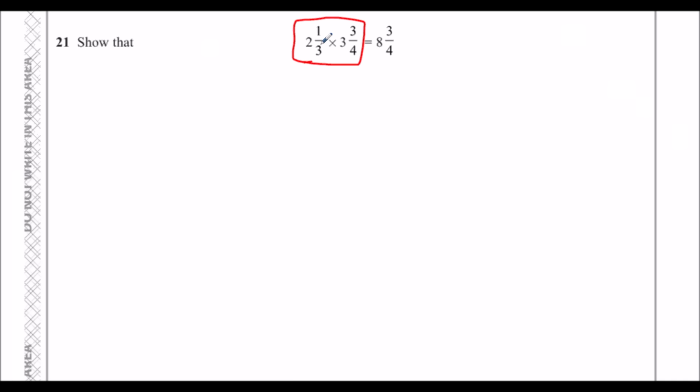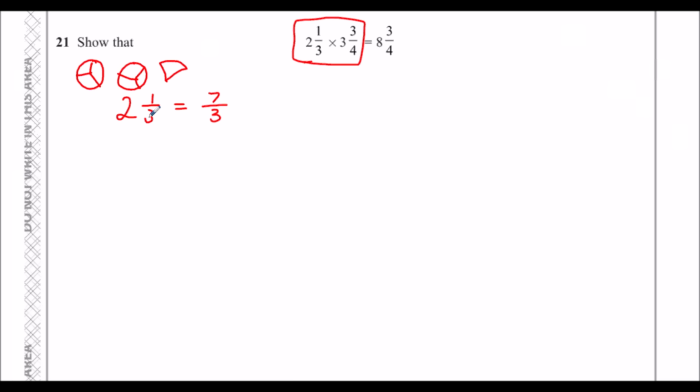So we've got 2 whole ones and 1/3. Each whole is the same as 3/3. So we've got 6/3 and 1/3, which makes 7/3.